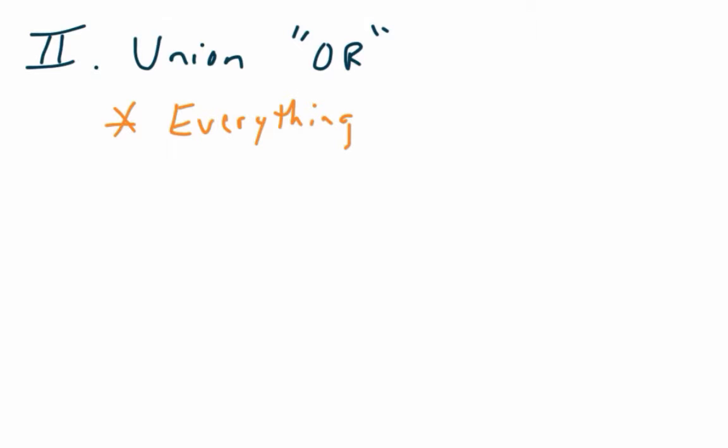Where before with intersection, the answer was just what's in this inequality and in this inequality. For union, whatever's included in one of them has to be in the final answer.